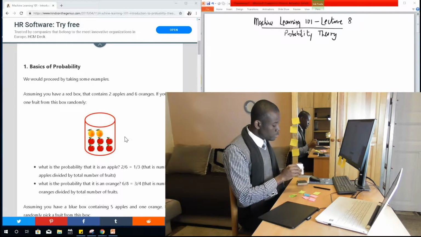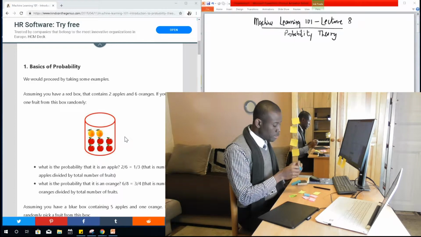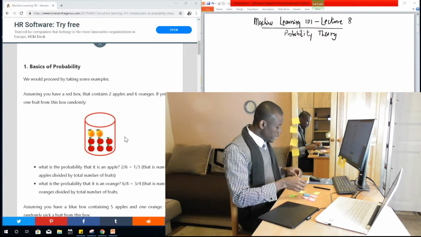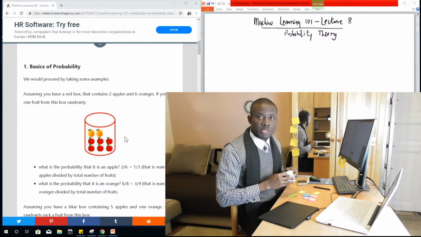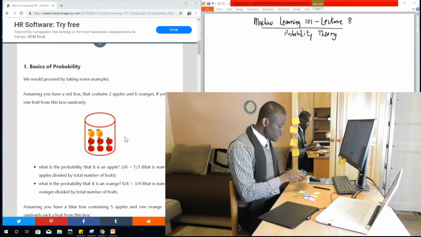I'm adding 3 blue pieces at this point so that we have pink, blue, green. Okay, so in this way, you find out that probability becomes really very easy and interesting to work with.